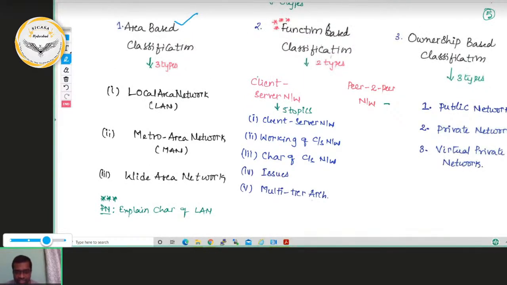How many types of function-based classification do we have? Two types. The first one is client-server network. The second is peer-to-peer network. In client-server network, we have completed 5 topics: what is a client-server network, working of client-server network, characteristics of client-server network, issues in client-server network, and multi-tier architecture. Now let us go to the second one, the peer-to-peer network. Let us see what a peer-to-peer network is.